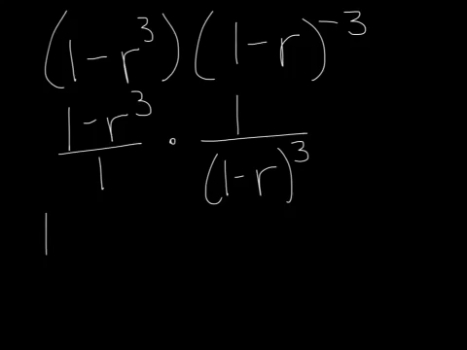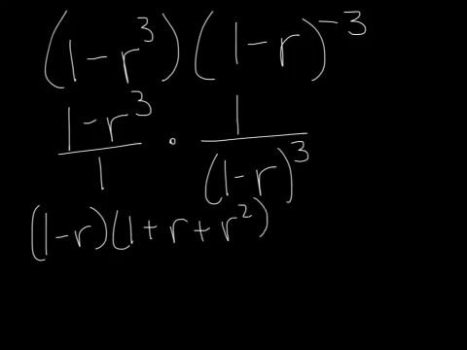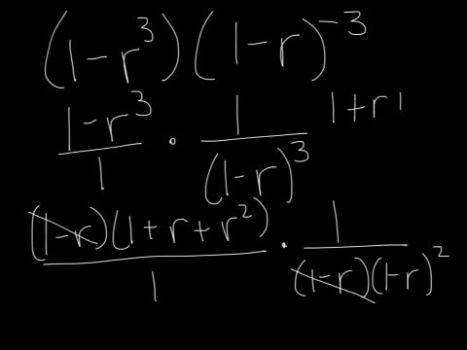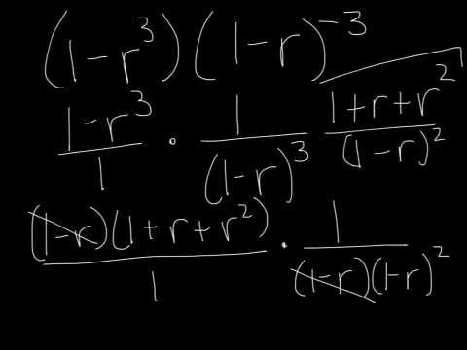This is the difference of cubes. Notice I can cancel that. And my final answer would be 1 plus r squared over 1 minus r all squared. Final answer. But now, guys, you got to see that that's the difference of 2 cubes down there.